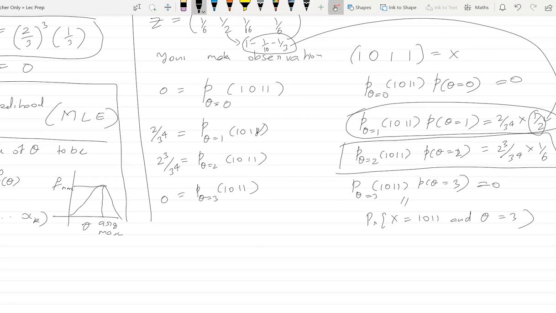So this particular estimate is called MAP, or maximum a posteriori estimate. And this is called maximum likelihood estimate.